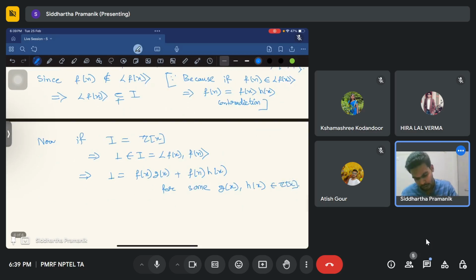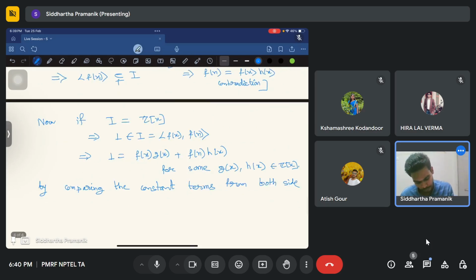So now if you compare the constant term, the left side is a polynomial, the right side is a polynomial. So by comparing the constant terms from both sides, so what you will get if you compare the constant term?